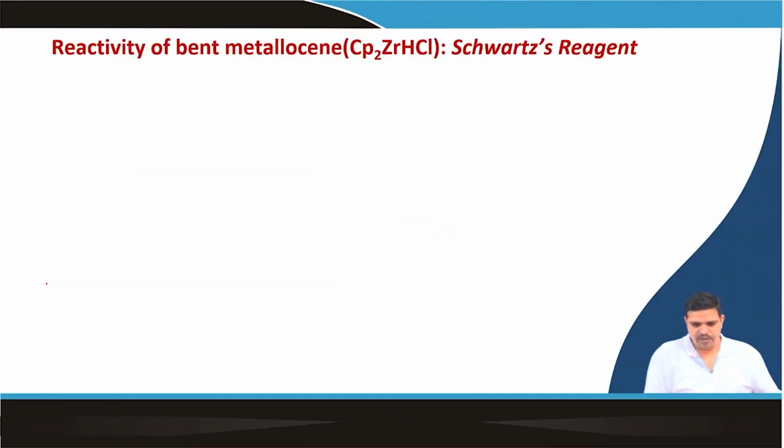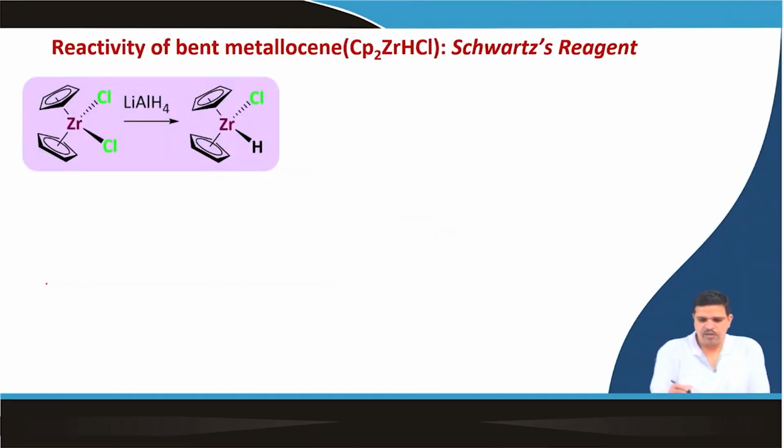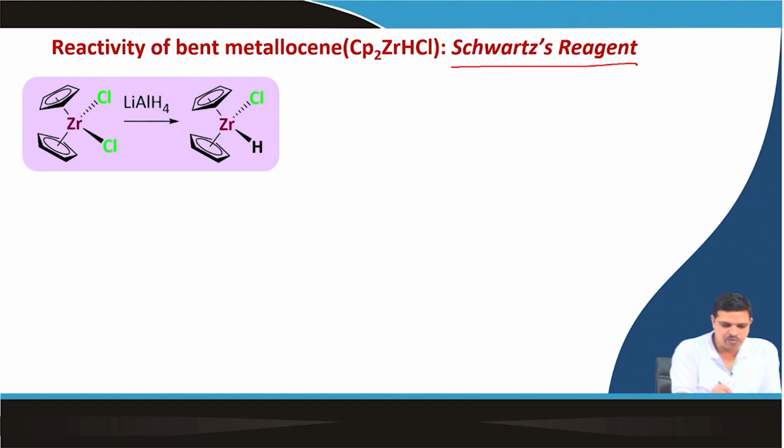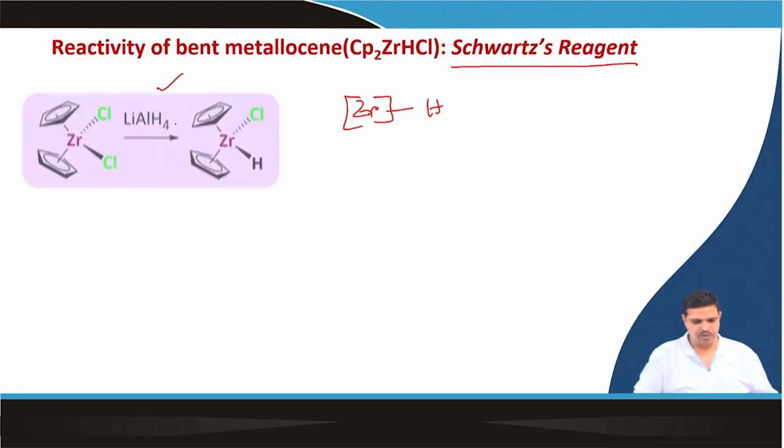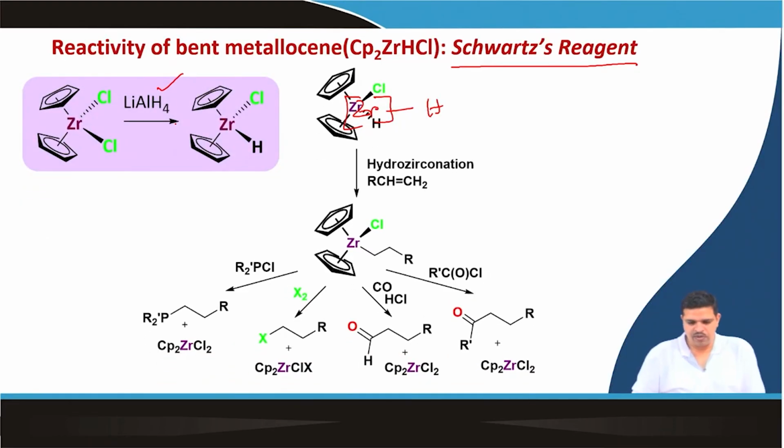As I told, this one is a very popular catalyst, the Schwartz reagent. I am sure you have heard about that. This is nothing but if you reduce with hydride, lithium aluminum hydride, you basically get the zirconium hydride bond. Here is the zirconium hydride complex, and it has huge applications.